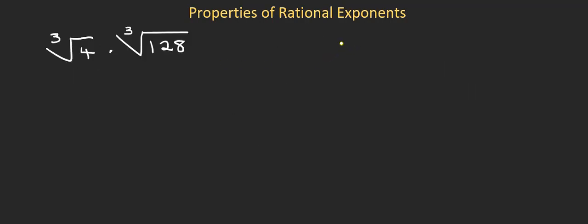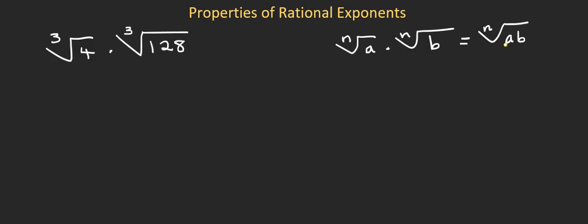For this example, we need to apply the nth root of a times nth root of b is the same thing as nth root of a times b. So basically what we could say is that since this is a cube root and this is a cube root, it will be cube root of 4 times 128.